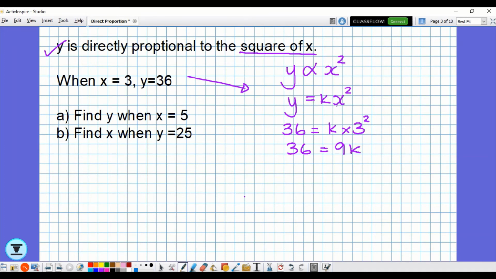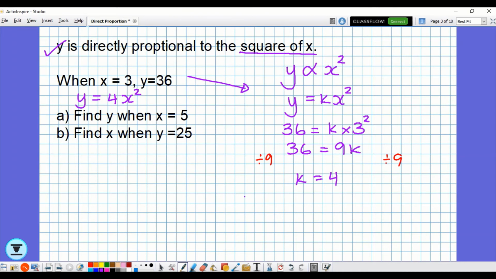So I need to get rid of the 9, so divide both sides by 9. And now my multiplier, or the constant k, is going to be equal to 36 divided by 9, which is 4. So the equation that we're going to use is y equals 4x squared.